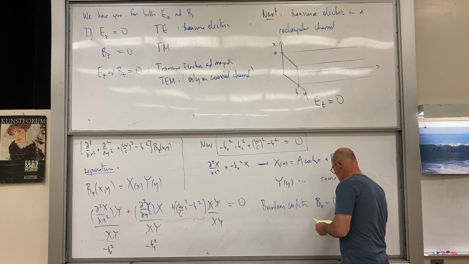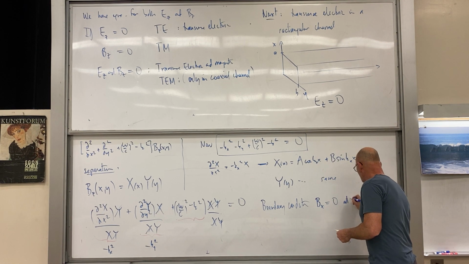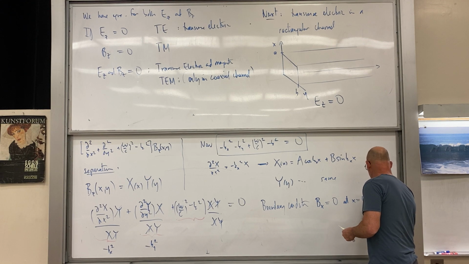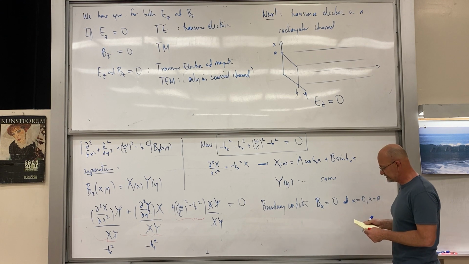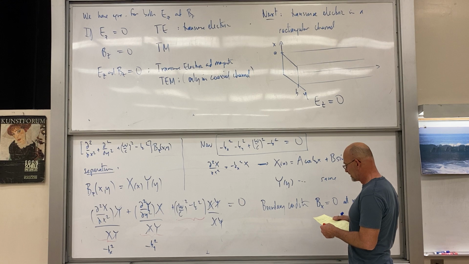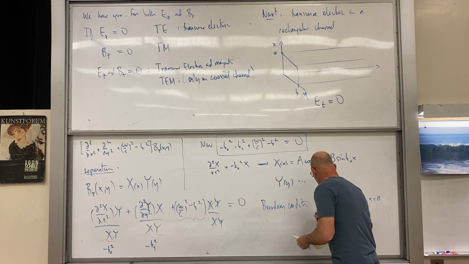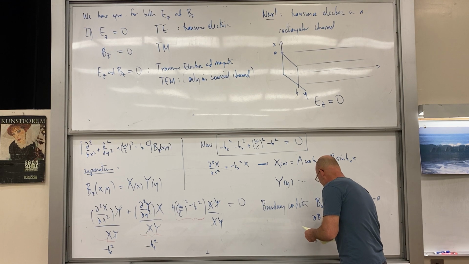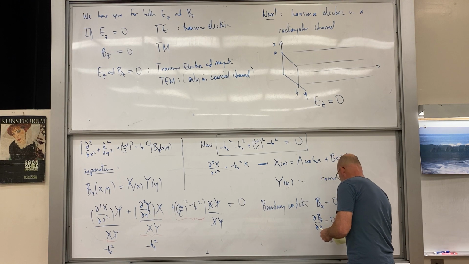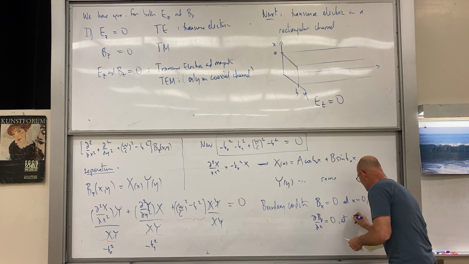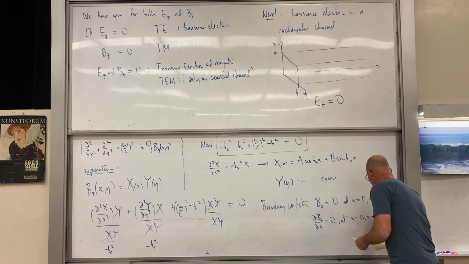dBx/dx equals 0 at x equals 0, x equals a. dBz/dx equals 0 at x equals 0, x equals a.